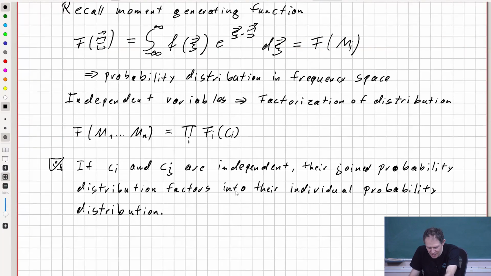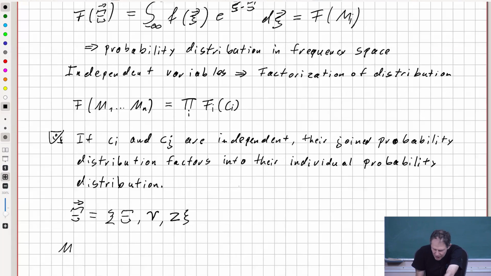So let us come back to our moments in our moment generating function, and I remind you that the velocity frequency was defined as the vector of xi, upsilon (I never write this properly), and zeta. So these are the three different velocity frequencies.